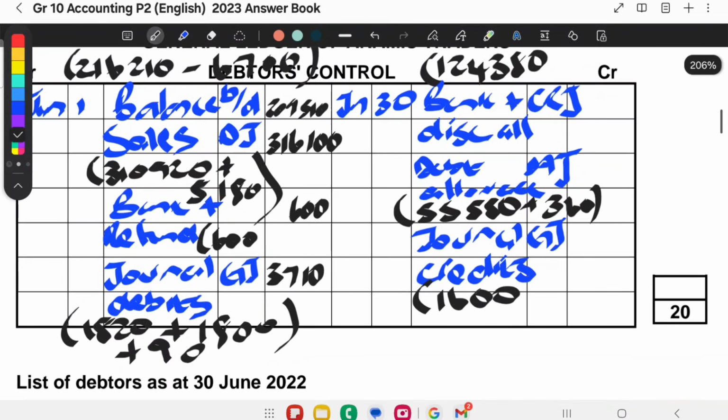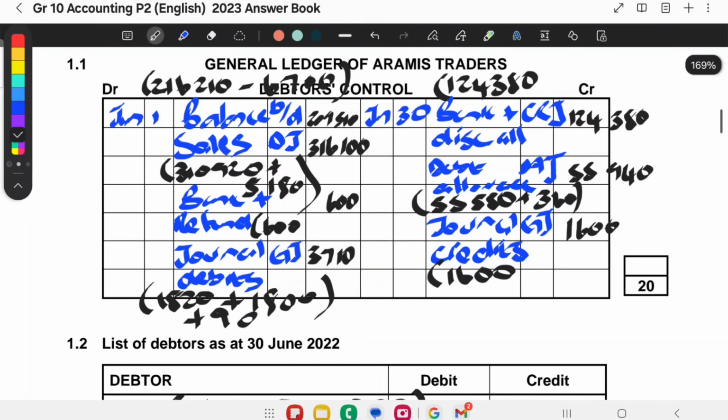Okay, and then for bank and discount allowed, that stayed the same. So this still is 124,380. And then for debtors allowance, with that adjustment, I get 55,940. And then journal credit stayed the same, 1,600. Okay, so there we totaled.